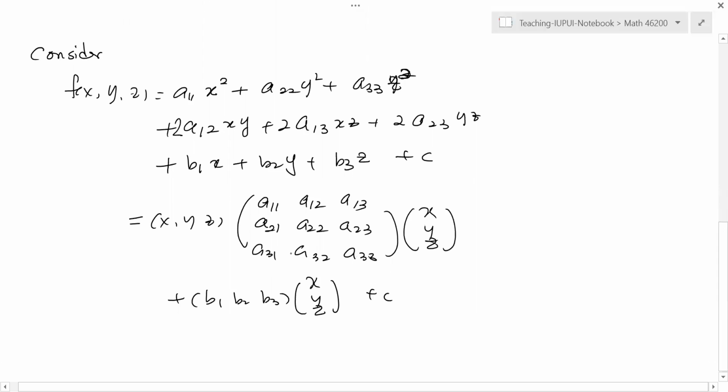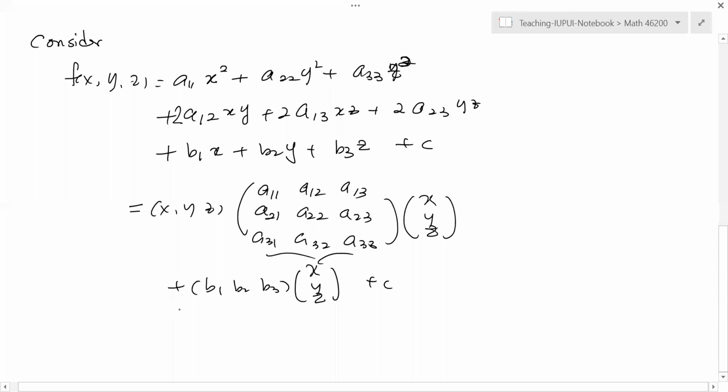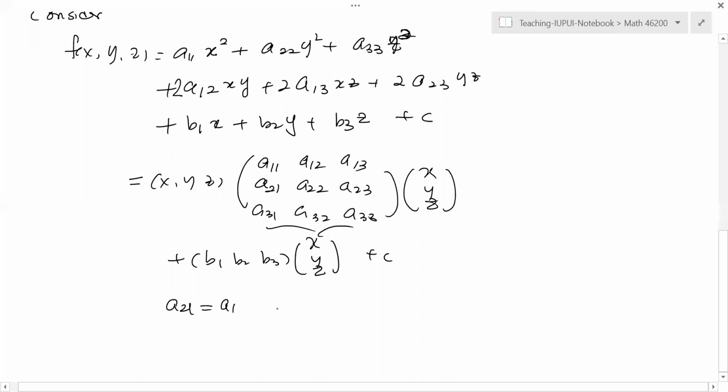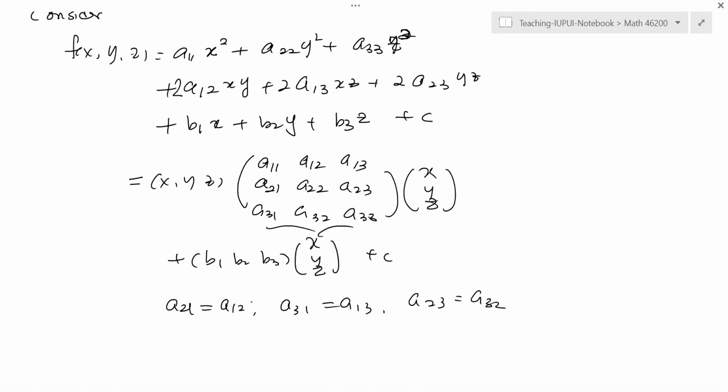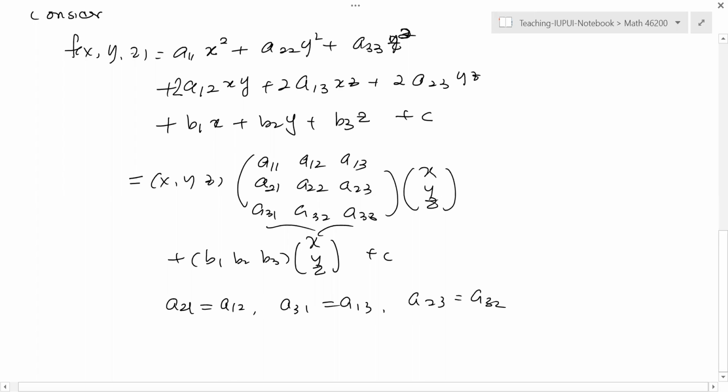Now, this is going to be a symmetric matrix. So A21 is A12, A31 equals A13, A23 equals A32. So this is a quadratic function in x, y, z in its most general form.